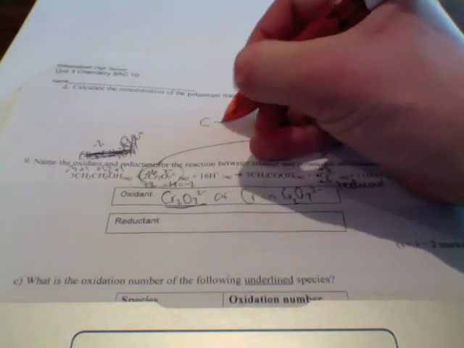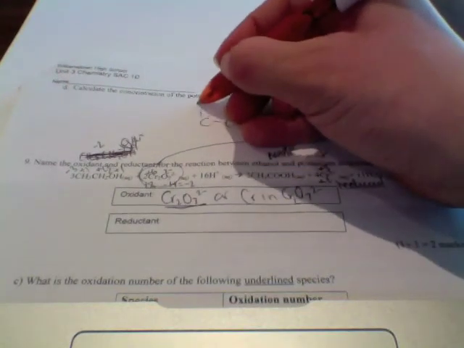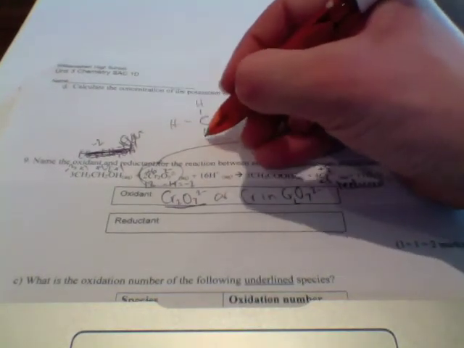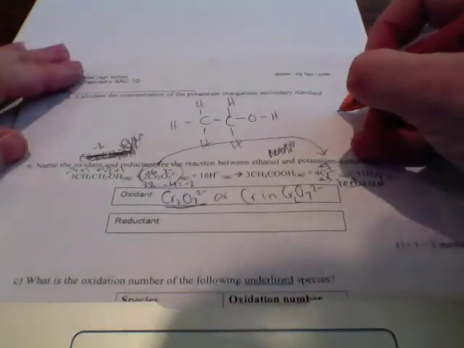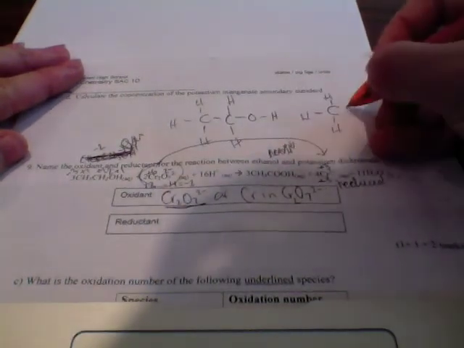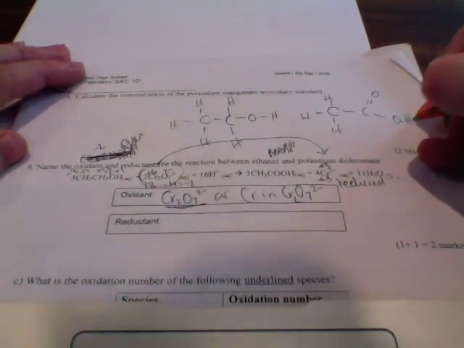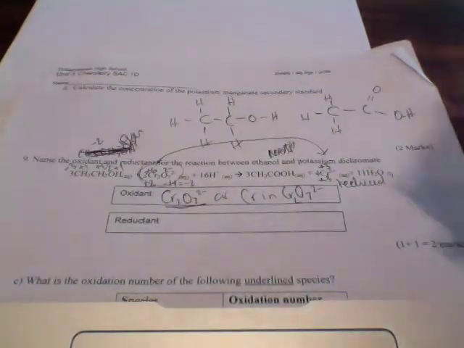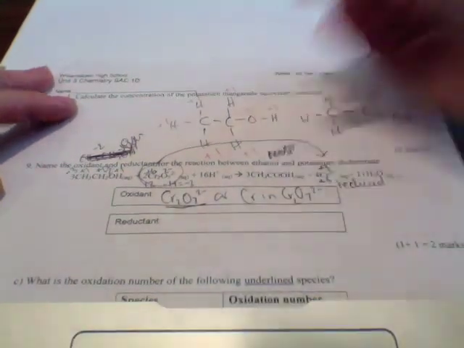So we've got our C C O H, H, H, H, H, H. Okay. Now, and we'll draw out our other one. C, H, H, C, double O. Now, what needs to stay the same, or what most likely will stay the same? This plus 1, plus 1, plus 1, plus 1, plus 1, plus 1, and this one 2 negative.